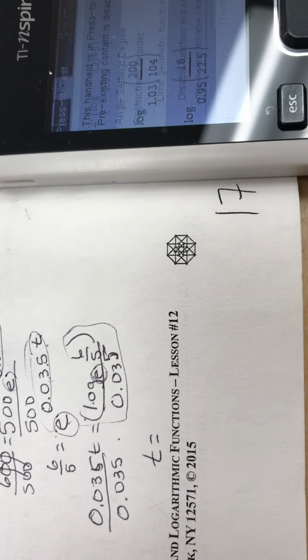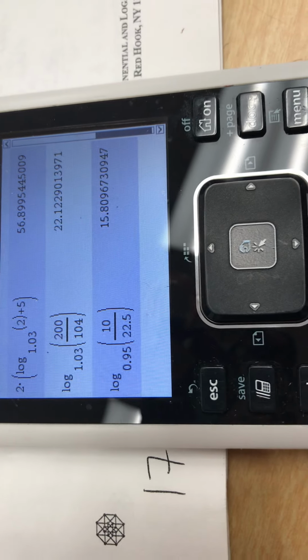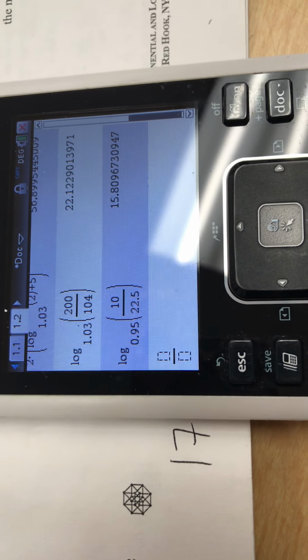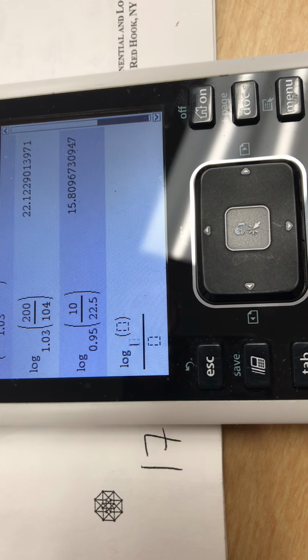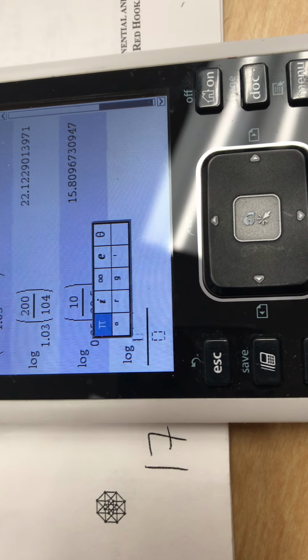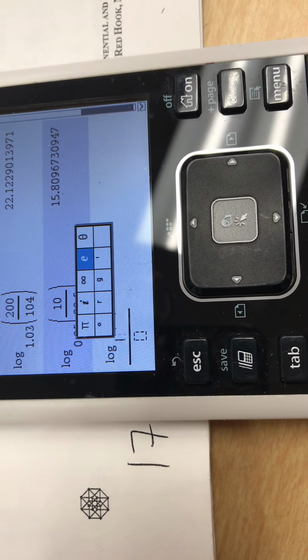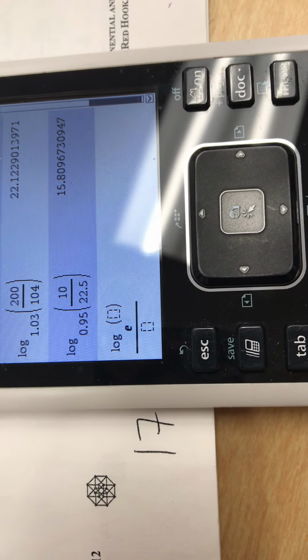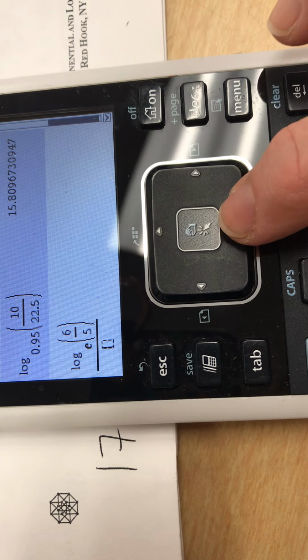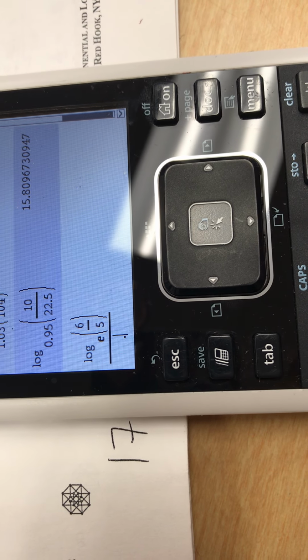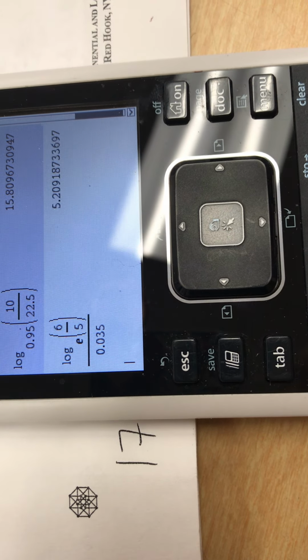But let's go ahead and get our final answer to this. So I would set up my calculator with a division bar, and I would use log base e of 6 over 5 and divide that whole thing by 0.035.